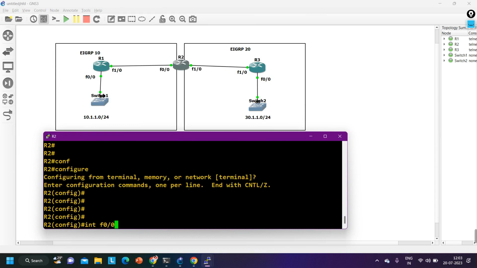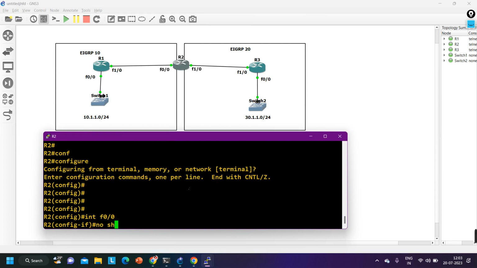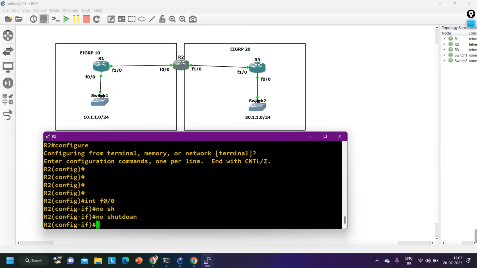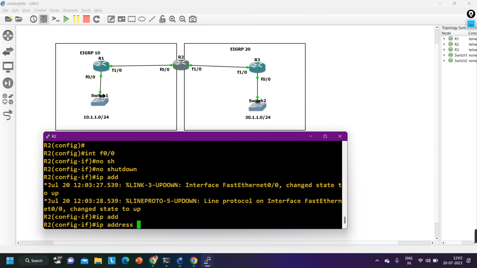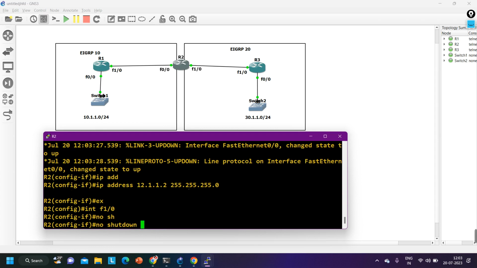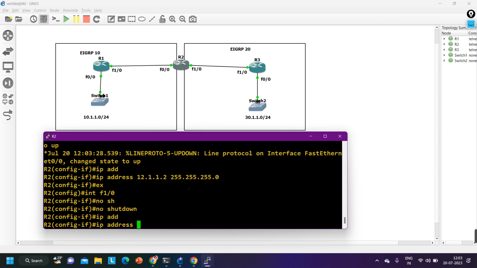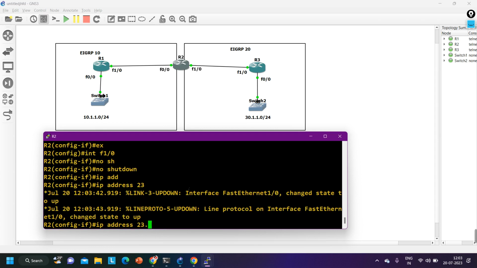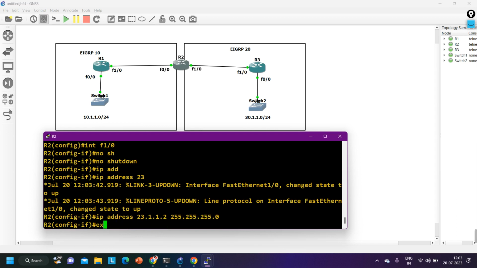Interface F0/0, no shutdown, and IP address. Interface F1/0, no shutdown, and IP address is 23.1.1.2 255.255.255.0.